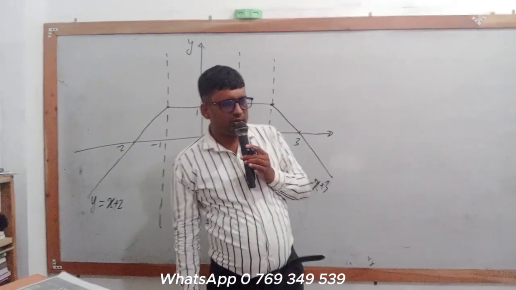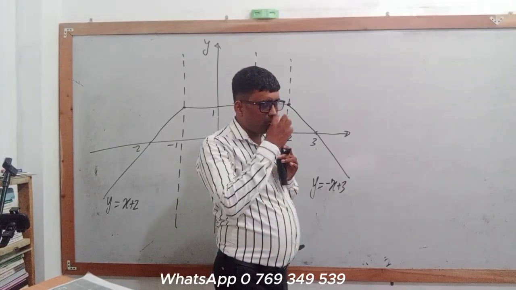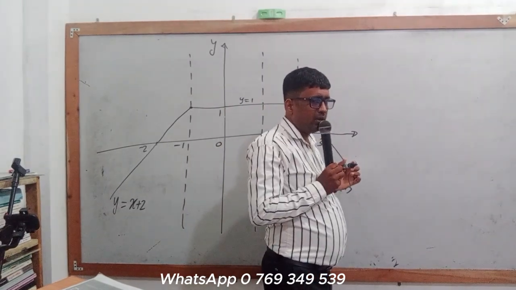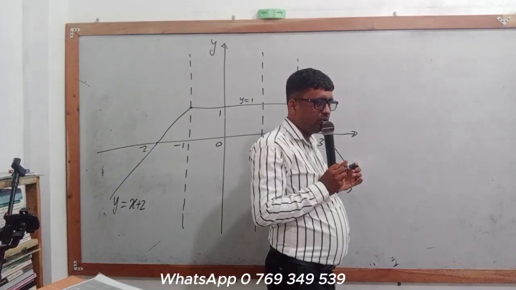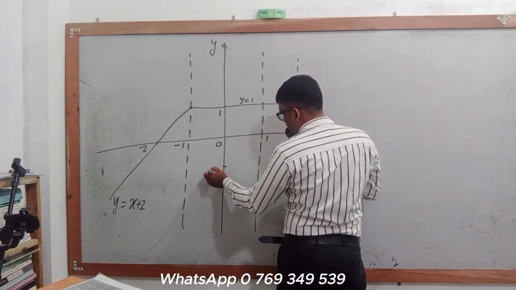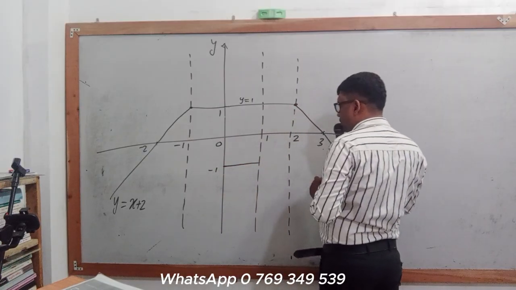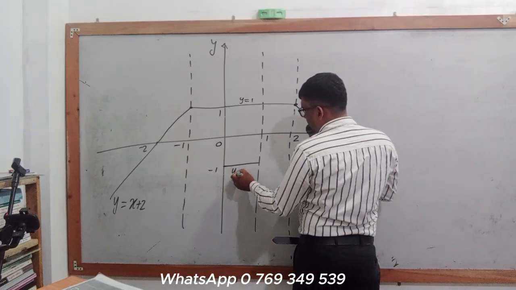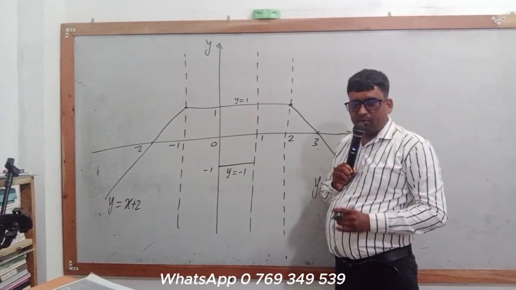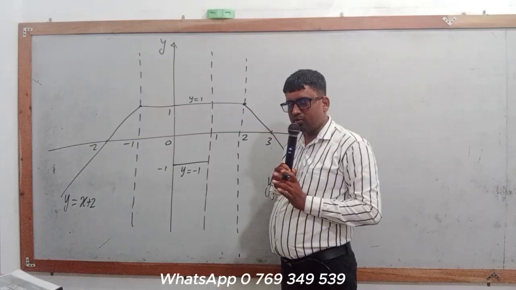And g(x). The middle range is 0 to 1, that is minus 1. This is the middle range, y equals minus 1. The given is minus x minus 1. When x is 0, that is minus 1.